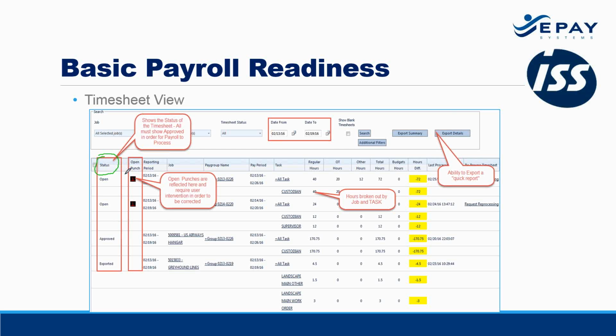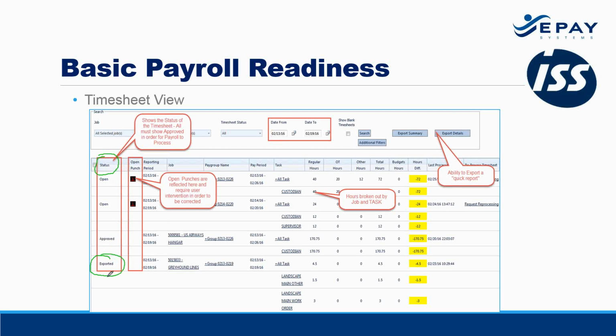So a status of open lets you know that you have full reign of the timesheet. You can still edit. You can review the time. You can do everything. Nothing's been checked off or submitted at this point. Obviously, you also have submitted and approved. And then if you ever want to review back to see if corporate payroll has pulled over that time, you can go and look and see if it's been exported or not.